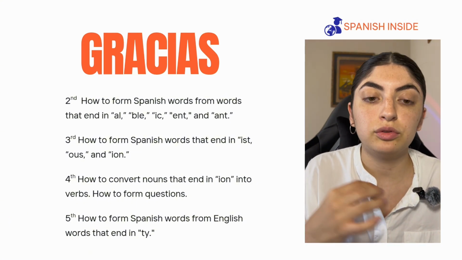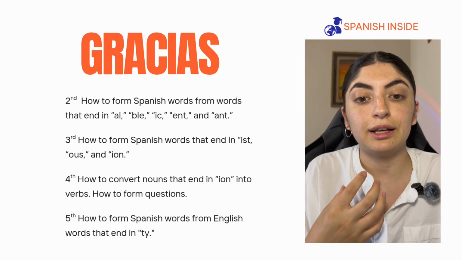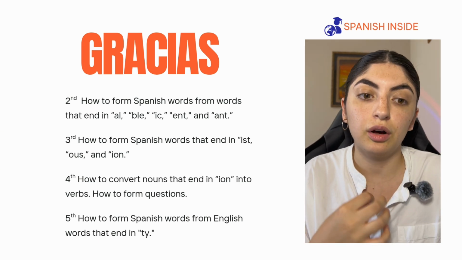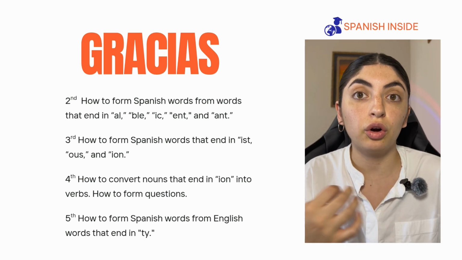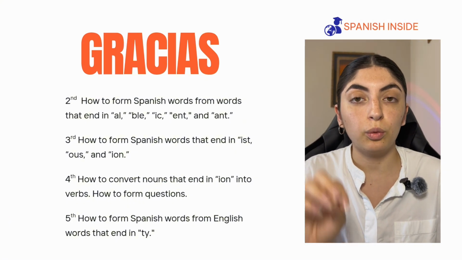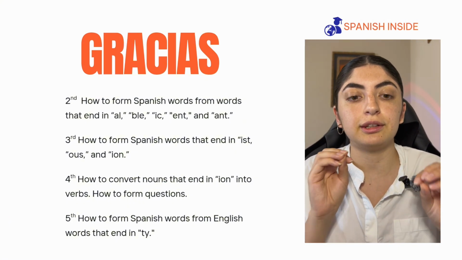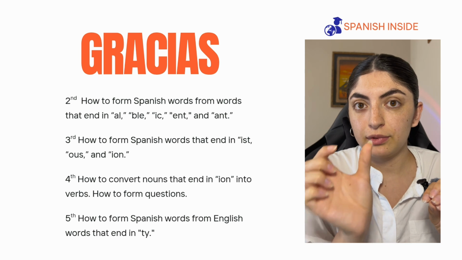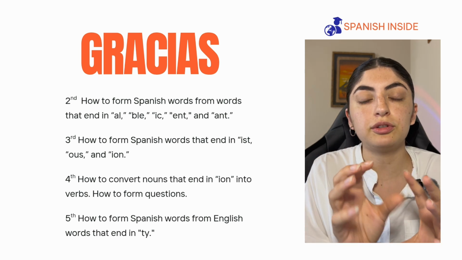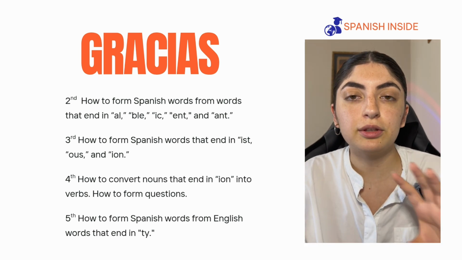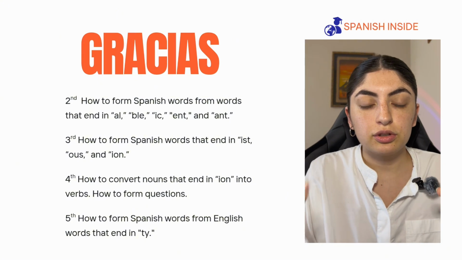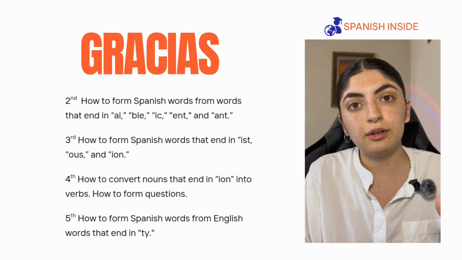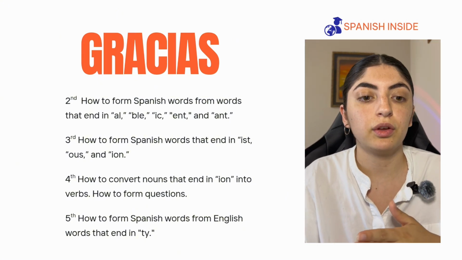Then we have how to form Spanish words that end in ist, ous, and ion. So the words that come to your mind that end with this termination, we are going to transform them into Spanish words. So you can start learning from these patterns, okay?